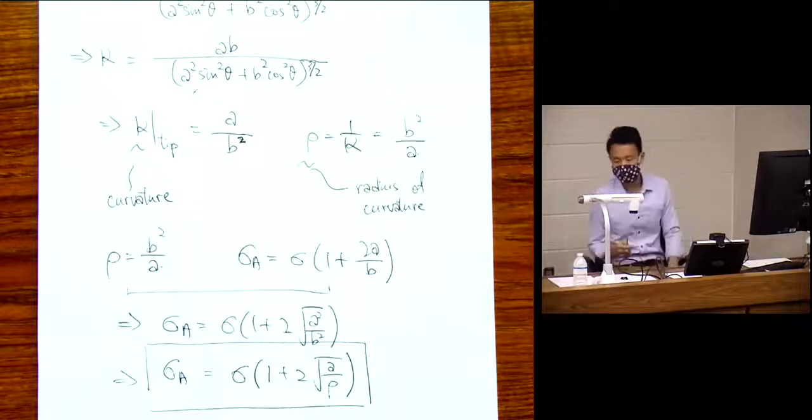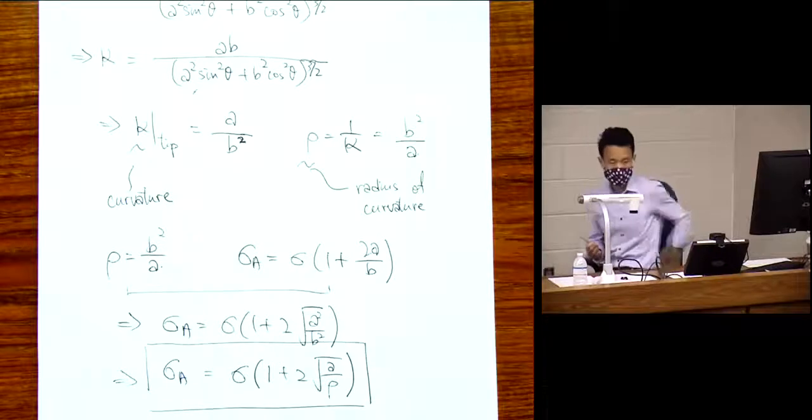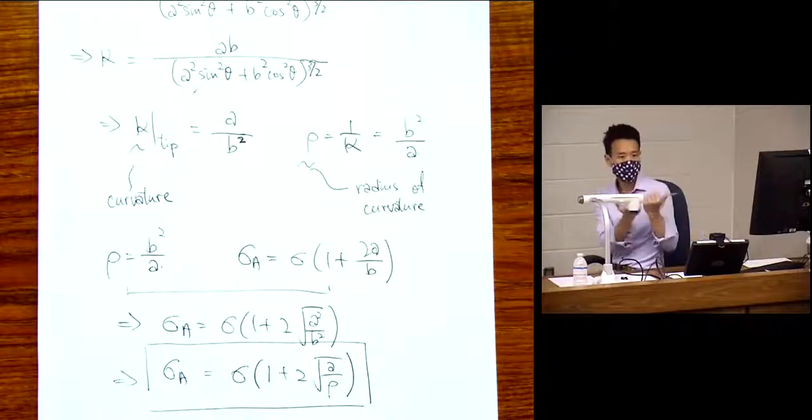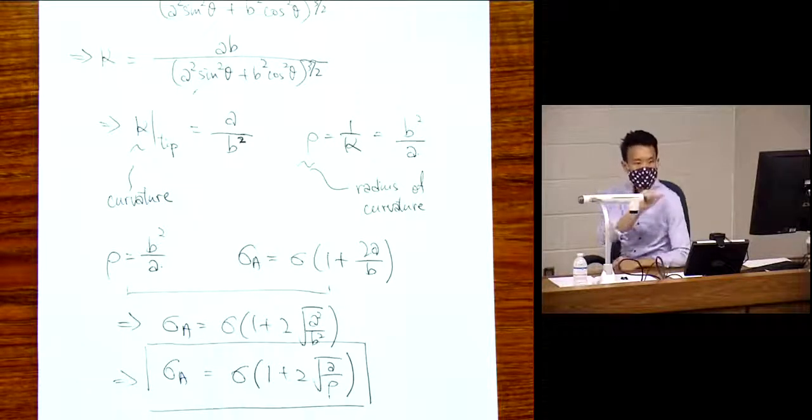So in the case of an elliptical hole, we have A and B, right? But if we have a sharp flaw, that means that A is going to increase, right, monotonically, and then we want B to shrink, as the ellipse approaches an actual crack or actual flaw, right?